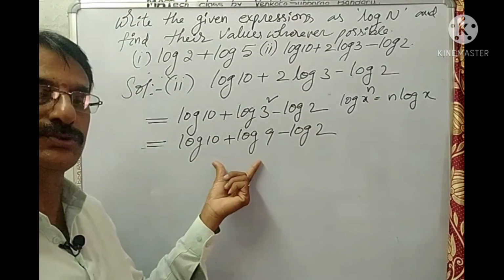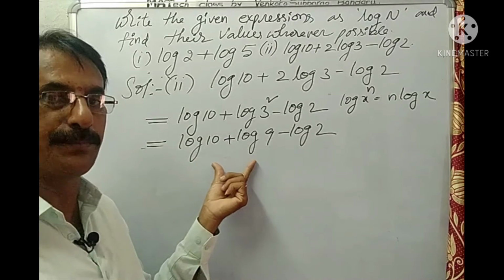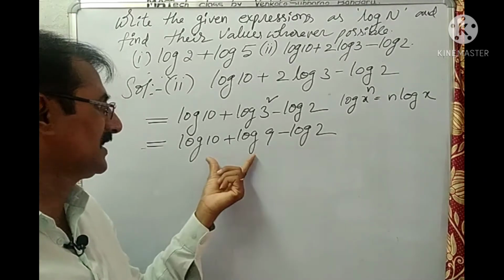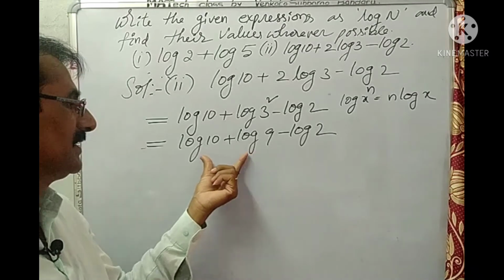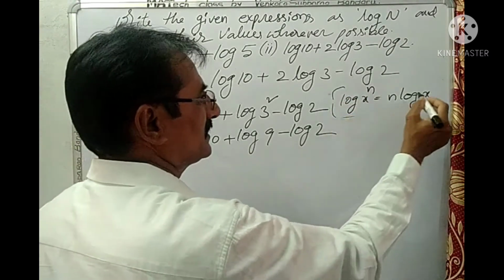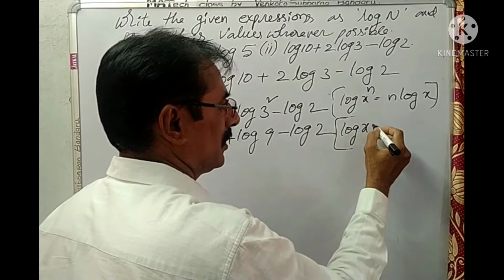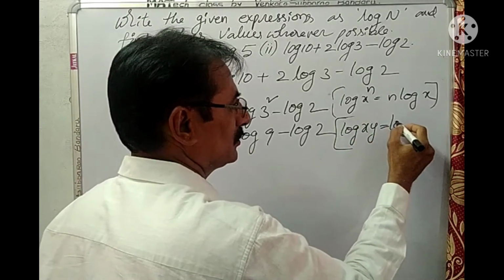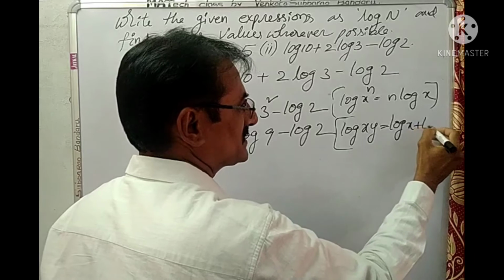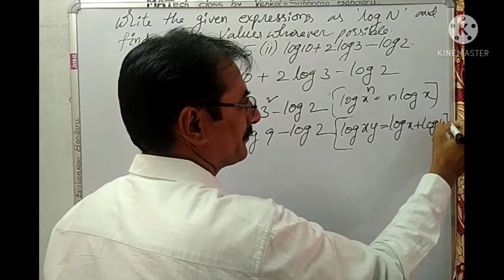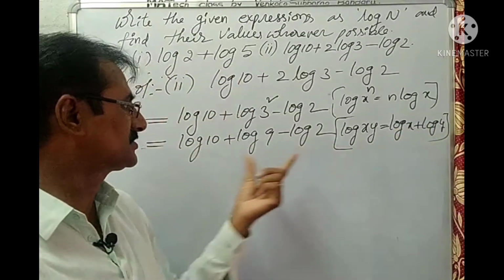Now you observe the first two terms, because these two are positive, and first let's simplify these two terms. They are exactly like the first logarithmic law. We know log xy equals log x plus log y. Exactly like this, these two terms.